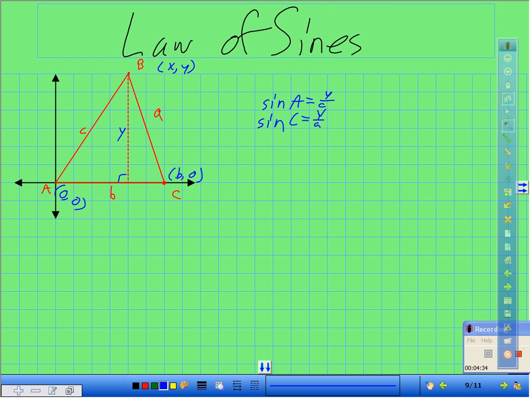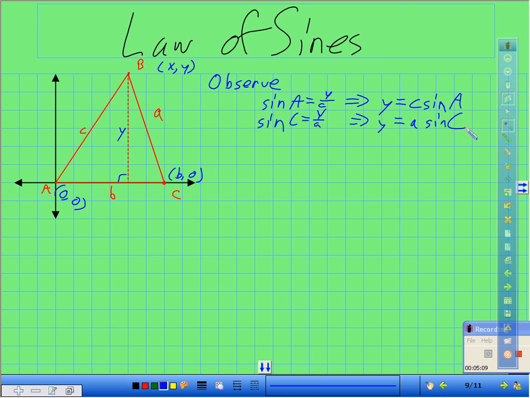Now, if I solve each of those for y, something kind of special happens. Y is equal to c times the sine of A, and here I can say that y is equal to a times the sine of C. You should be thinking, let's see where we're going with this.